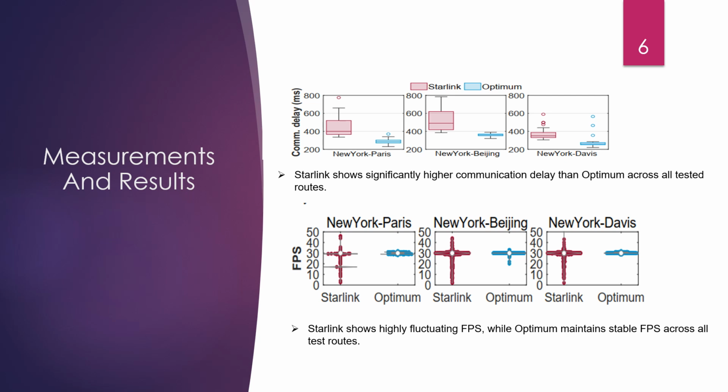Additionally, Starlink FPS performance is inconsistent, showing frequent fluctuations, whereas Optimum maintains a stable FPS across all routes. You can see this in the figure. This instability in delay and FPS highlights Starlink's challenge in providing a smooth data flow, which can degrade real-time application performance.